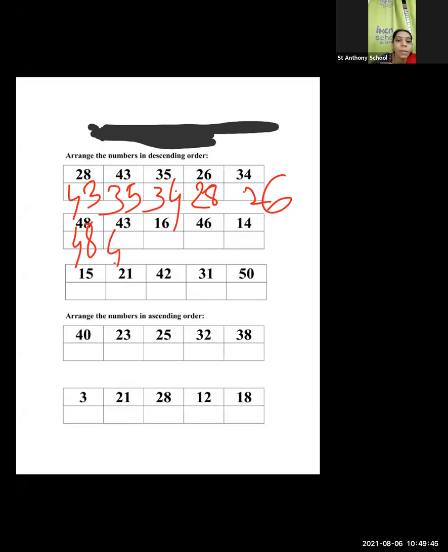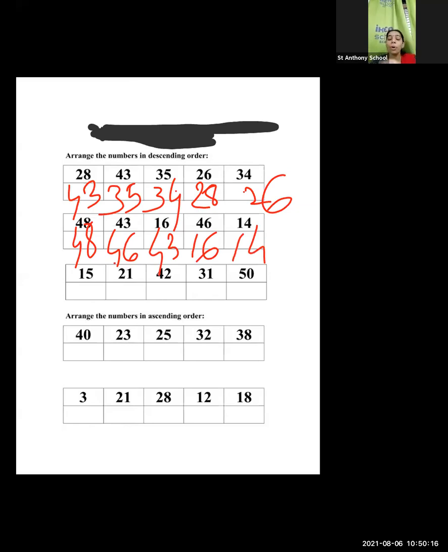And which is smaller than 46? 43. Very good. And which is smaller than 43? 16. Very nice. And next, smaller than 16? 14. Very good. Everyone clap for Moria. Well done, Moria.